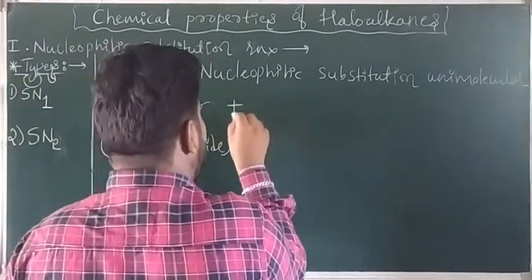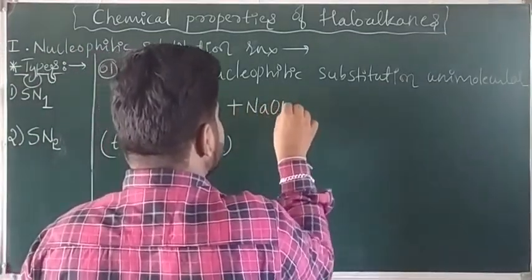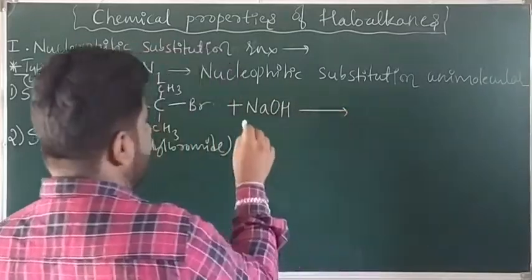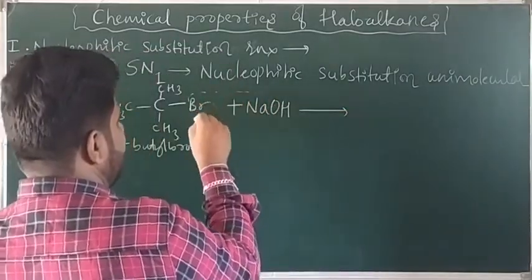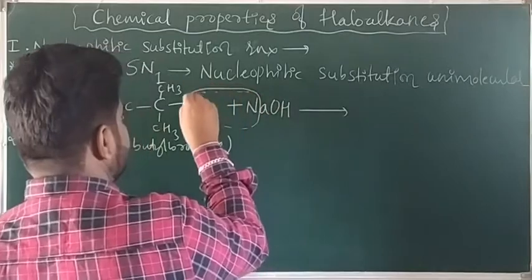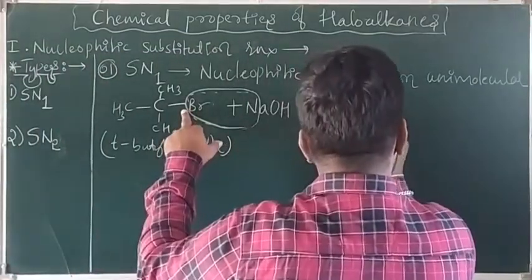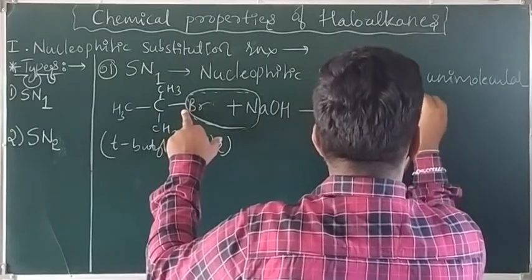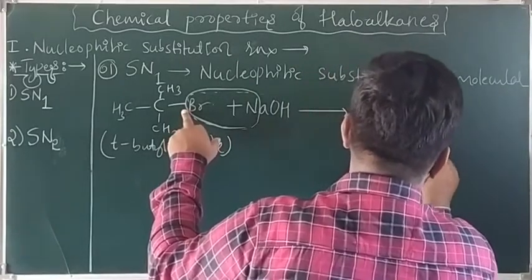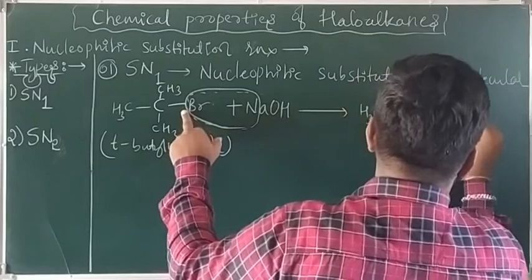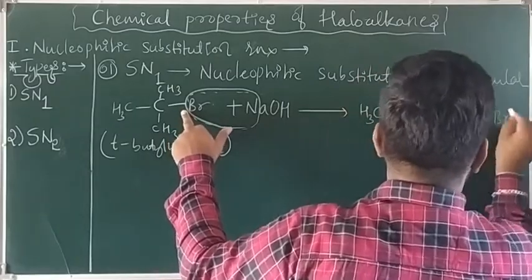When you add an alkali to this, what are we getting? The Br is eliminated and the OH is bonded to this carbon, with CH3 groups, and NaBr is eliminated.